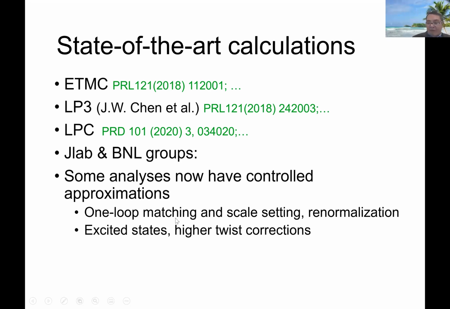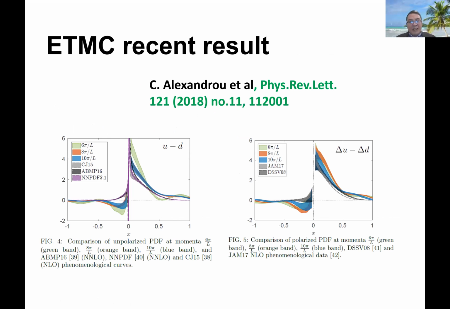Anyway, I'll just show you some of the results. This is the ETMC result published in 2018. The experimental curve is shown as purple and gray. And this curve here is the best calculation from 2017. This is another calculation for polarized quarks inside a polarized proton.